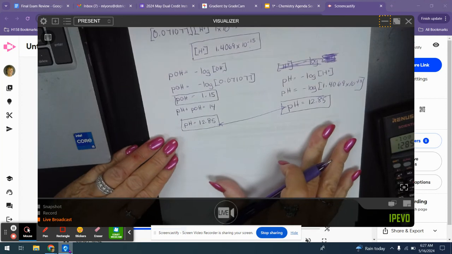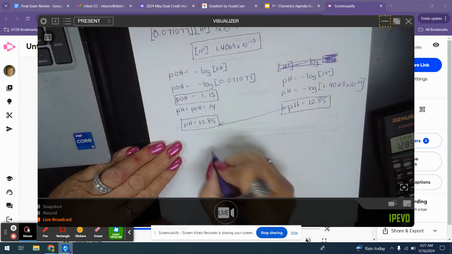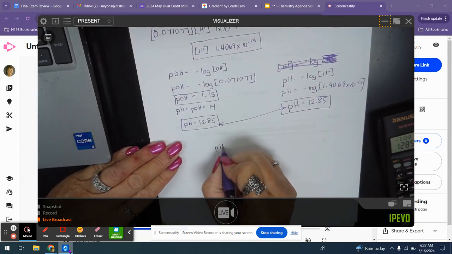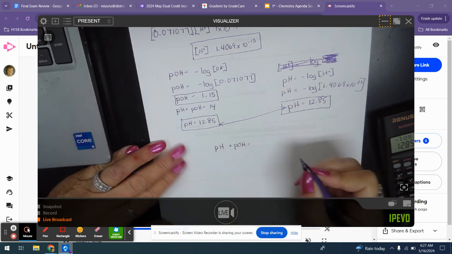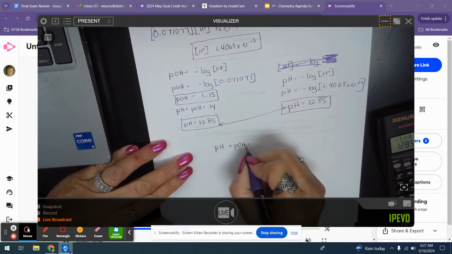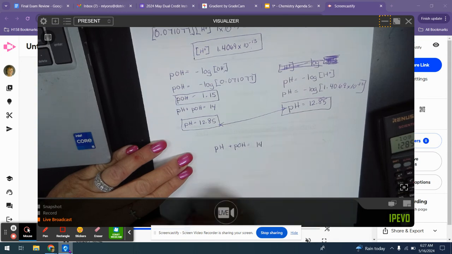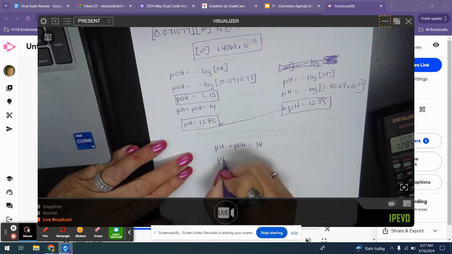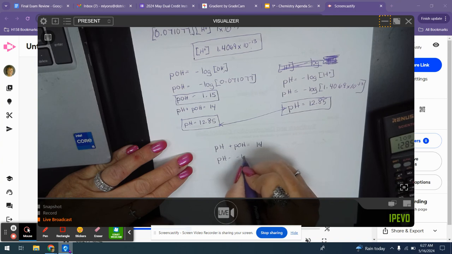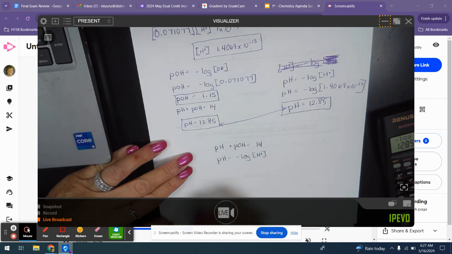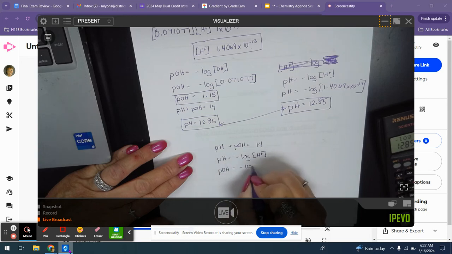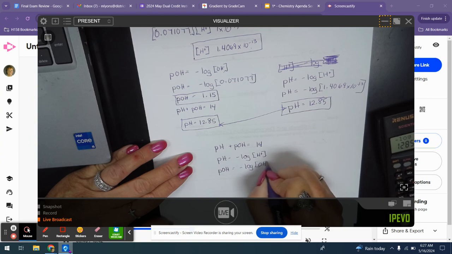Let me give you those equations one more time that you're going to find useful in calculating the things you need to do for the lab. pH plus pOH is equal to 14. pH is equal to the negative log of the hydrogen ion concentration. pOH is equal to the negative log of the hydroxide ion concentration.